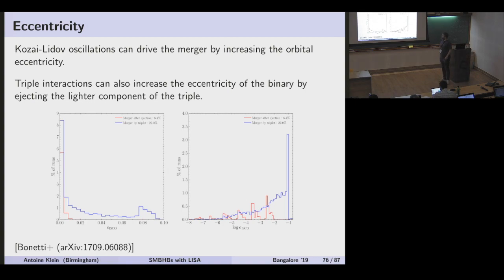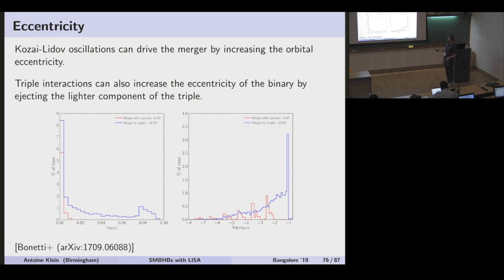So this is a study that looked at those triple interactions. And here, they looked at the typical eccentricities that you expect from such interactions. In red is for ejection. That's when you eject one of the components.